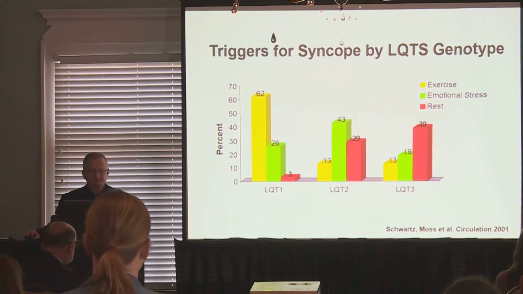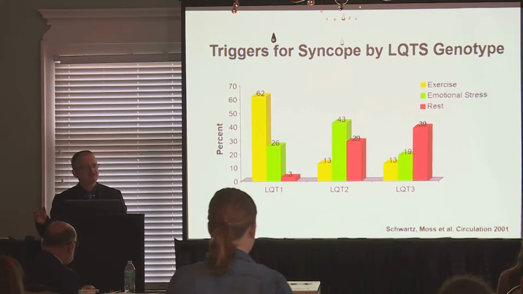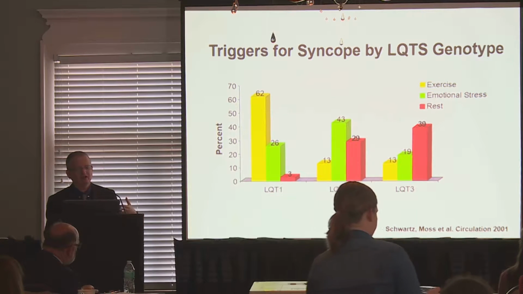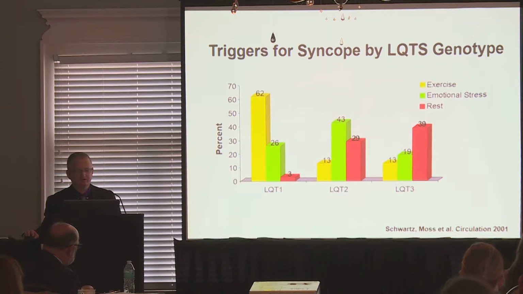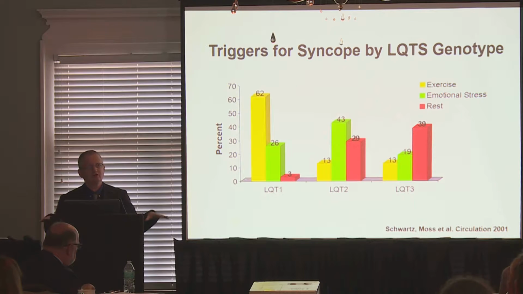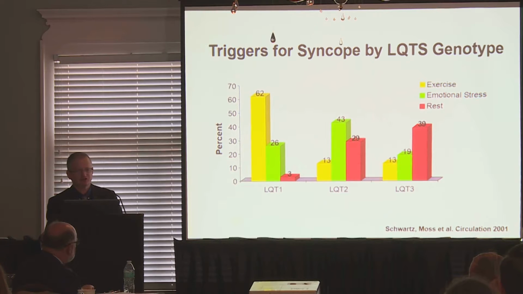LQT2, it's a different effect of adrenaline associated with emotion. In LQT3, it's a different effect. During rest, even sleep, the heart works very slow, there's more bradycardia, the heart rate goes down, and then the sodium has more of an effect, increasing the risk of events in those patients.